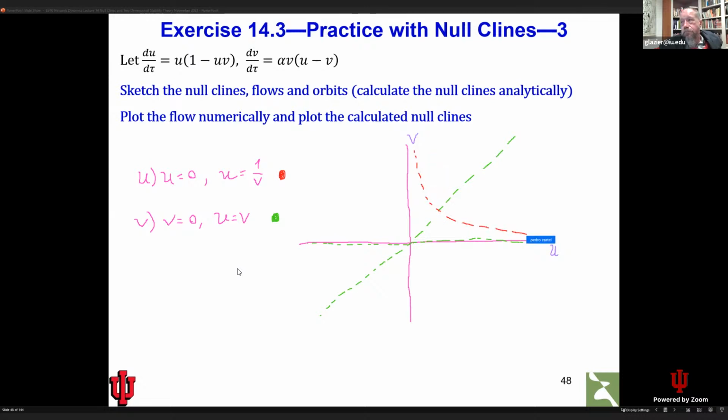Okay, so now you have to remember what direction is the flow when you cross the U dot nullcline. Are you vertical or horizontal? When you cross the U dot nullcline, you're vertical. Yes. Okay, so now let's find a place on the U dot nullcline and see whether we're going up or down.